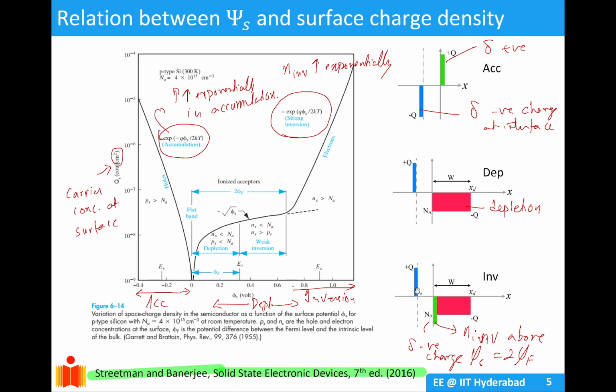For inversion, there's a thin sheet of positive charges on the metal side, a large area of depletion region of negative charges on the semiconductor side, plus a thin sheet of negative charges, which are your inversion charges.